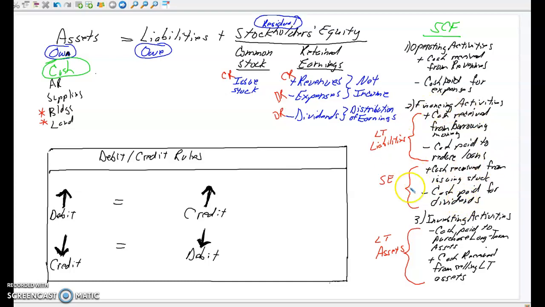So anything with long-term debt and stockholders' equity, cash coming in, cash coming out, is a financing activity. And then the last one, if this is financing, these assets, if there's long-term assets, that's the company's investing. It could be investing in stocks and bonds, but it might be buying buildings or land. So cash paid to buy those long-term assets, or if we sell those, cash received from selling those.